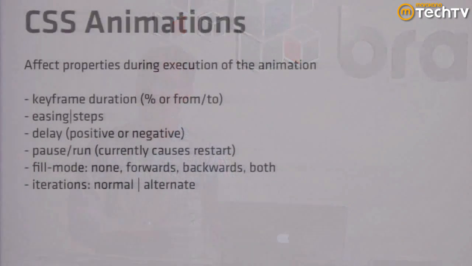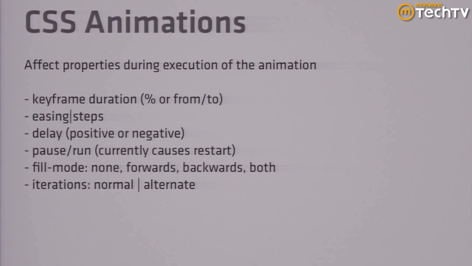So CSS animations build on top of transforms and transitions. The goal of an animation is to affect properties during the execution of the animation. There are 6 elements that you can use in an animation. The first is how long does the animation go on for? And you can chop up the animation into multiple stages using percentages.